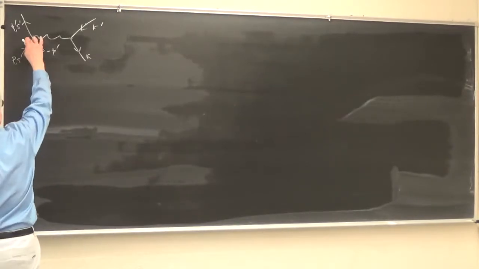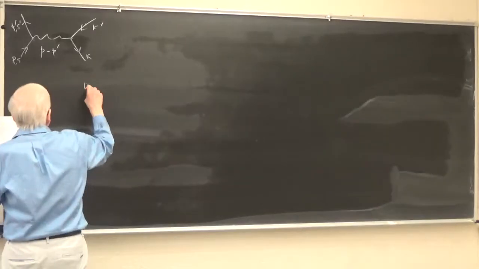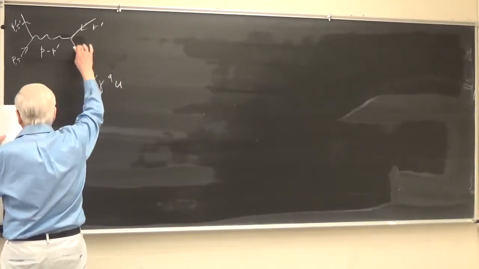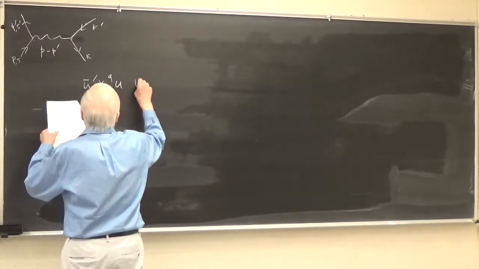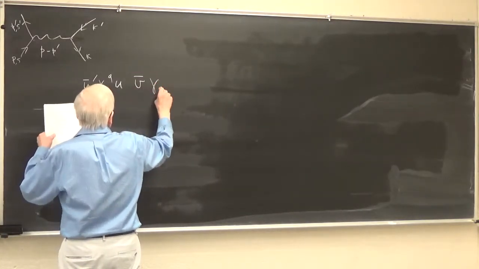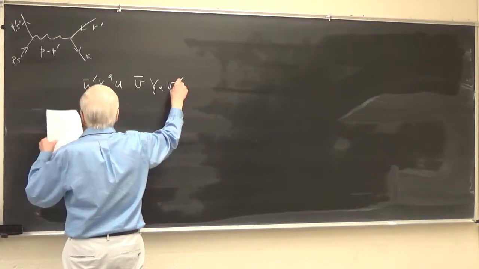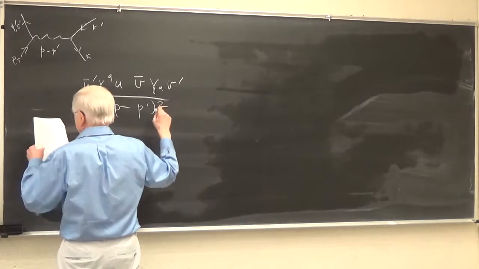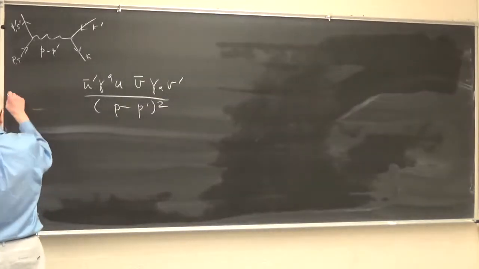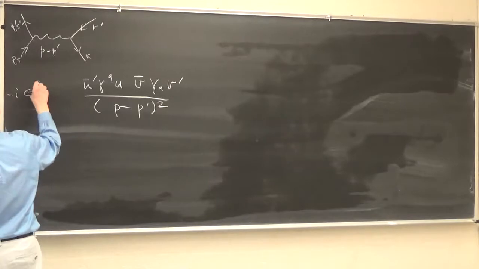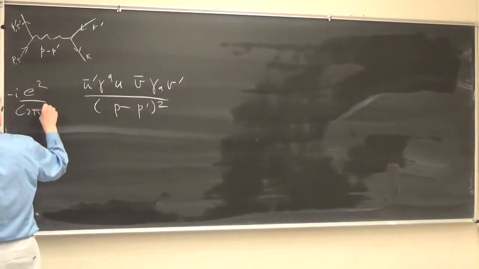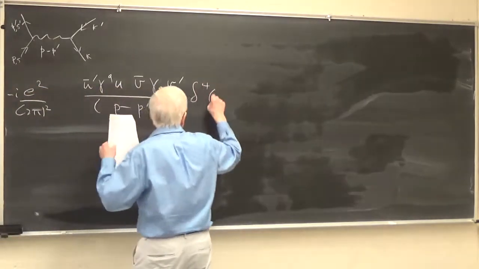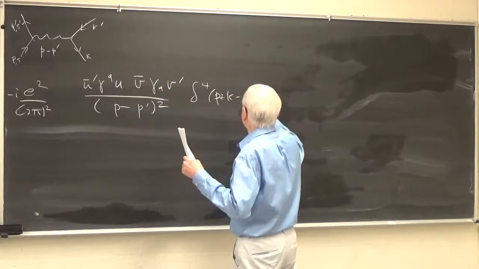This vertex here would be U bar prime gamma A U, and this one would be V bar gamma A V prime. The propagator would be P minus P prime squared. And everything else is the same: minus I e squared over 2 pi squared, and then delta 4 of P plus K minus P prime minus K prime.